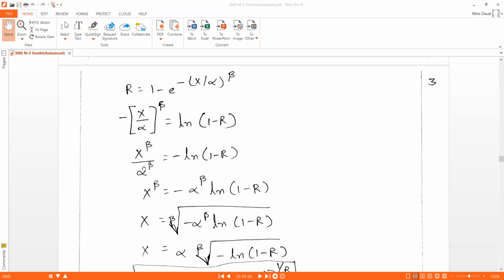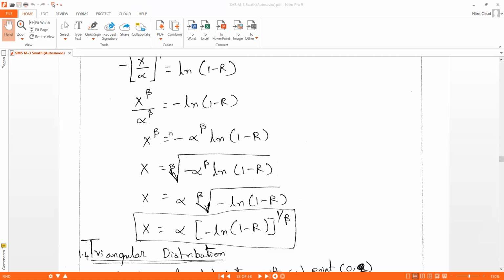Now x by alpha has the power beta on both, so if you remove the bracket, it becomes x power beta divided by alpha power beta, which is equal to minus ln of 1 minus r. Now x power beta is equal to minus alpha power beta into ln of 1 minus r, since alpha power beta was dividing x power beta.